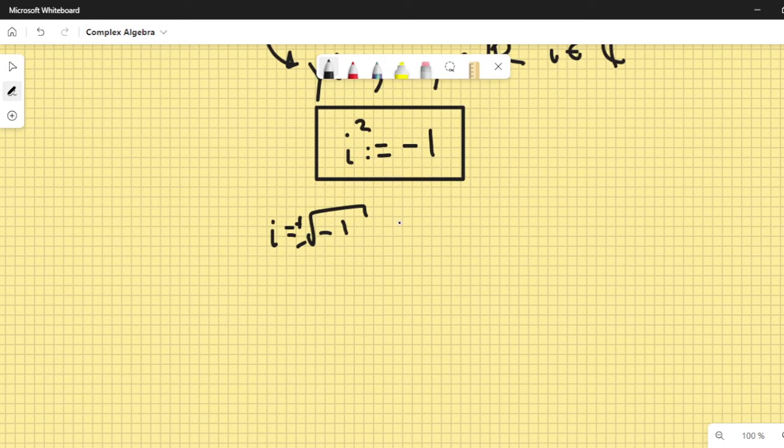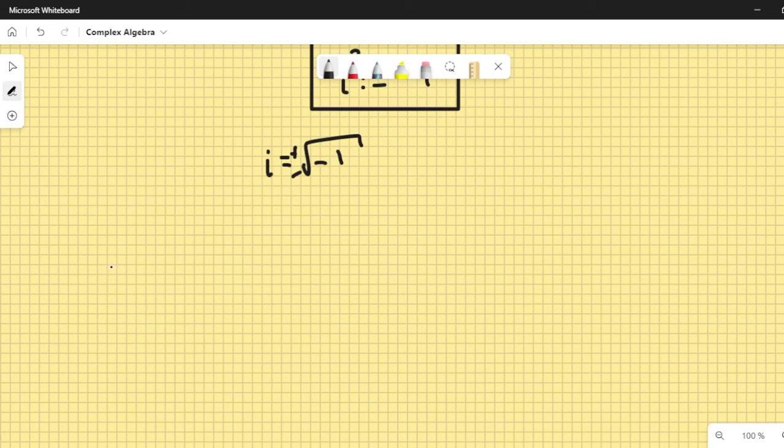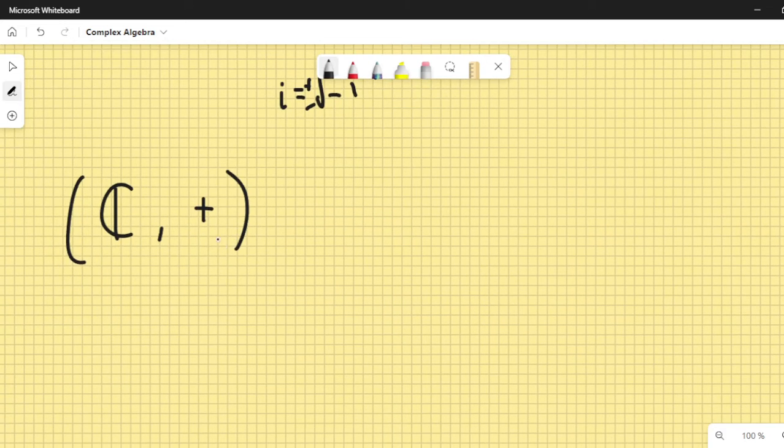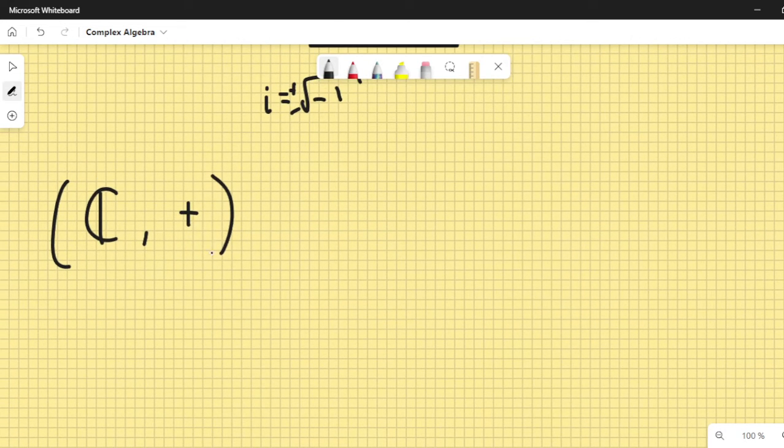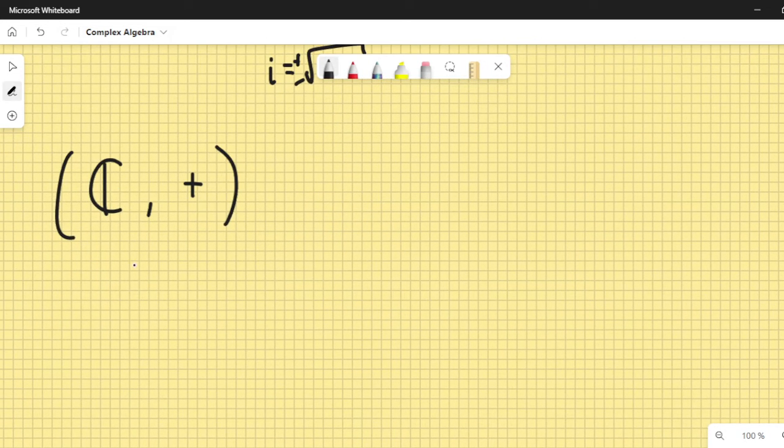So let's continue by saying that we consider the complex numbers and consider the addition. Well, this has the structure of a field. What do I mean? Do you remember the properties of real numbers?